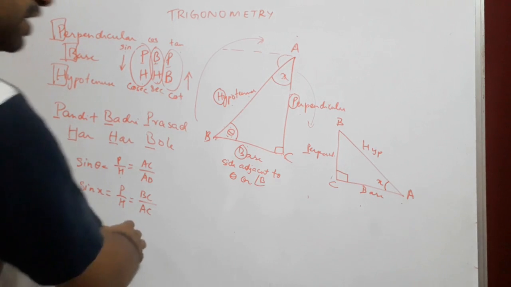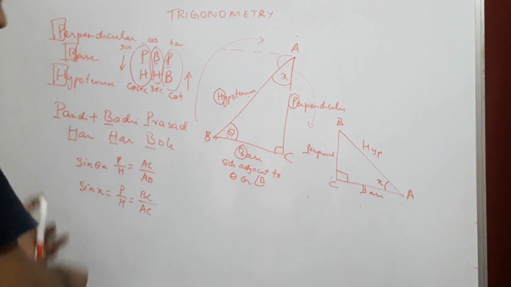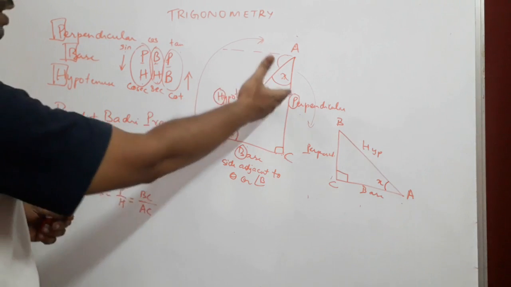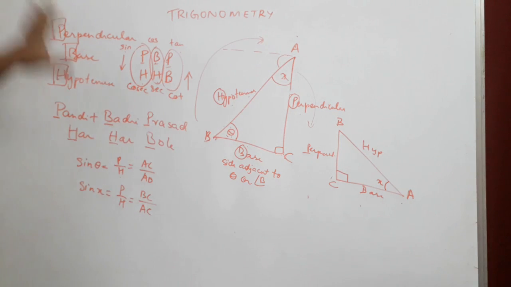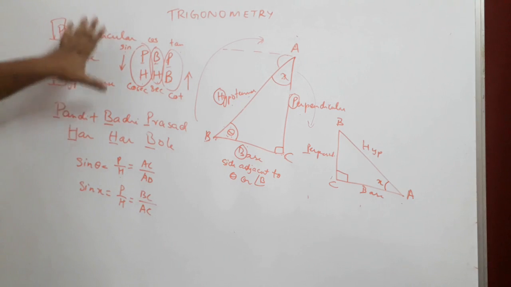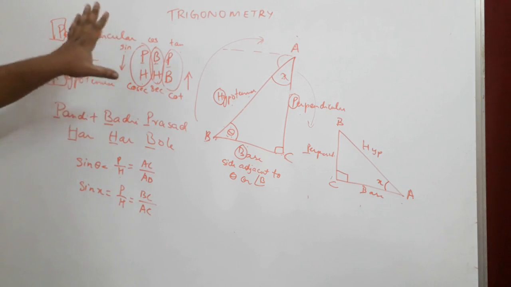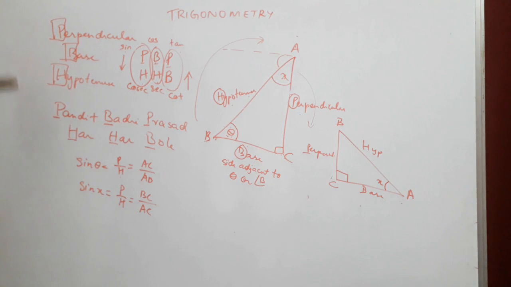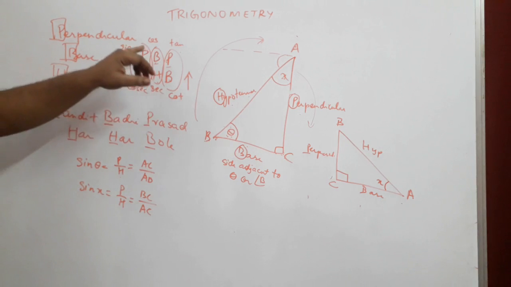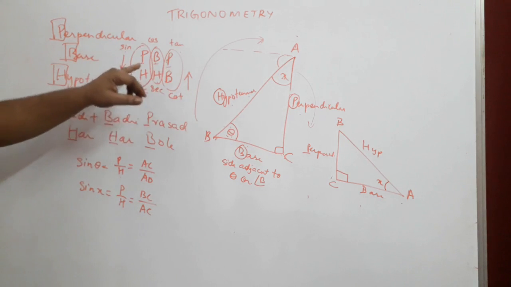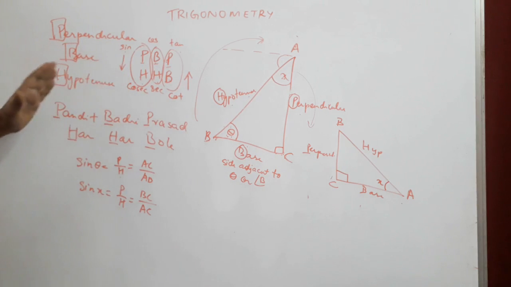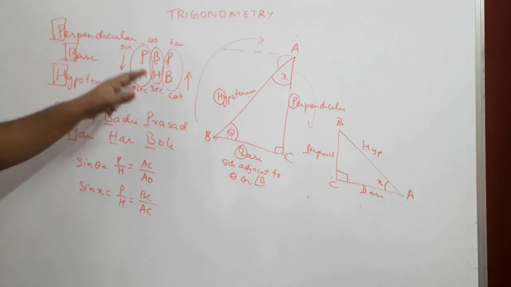So consequently, all other trigonometric functions, that is your cos, tan, cot, sec or cosec, will change with respect to the angle. But one thing will remain constant, and that is this Pandit Badri Prasad Har Har Bole mantra or chant. Just remember this, and remember what PBP stands for and HHB stands for, and it is important to write them in that particular order, that is Pandit Badri Prasad Har Har Bole.